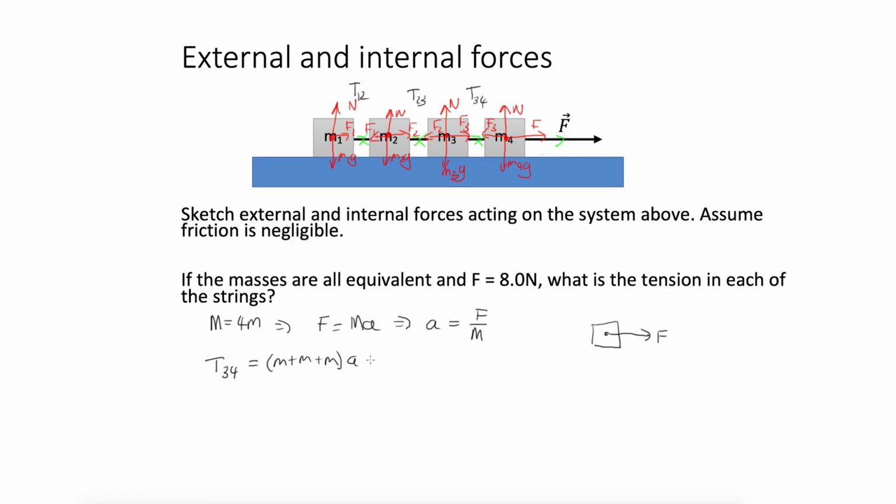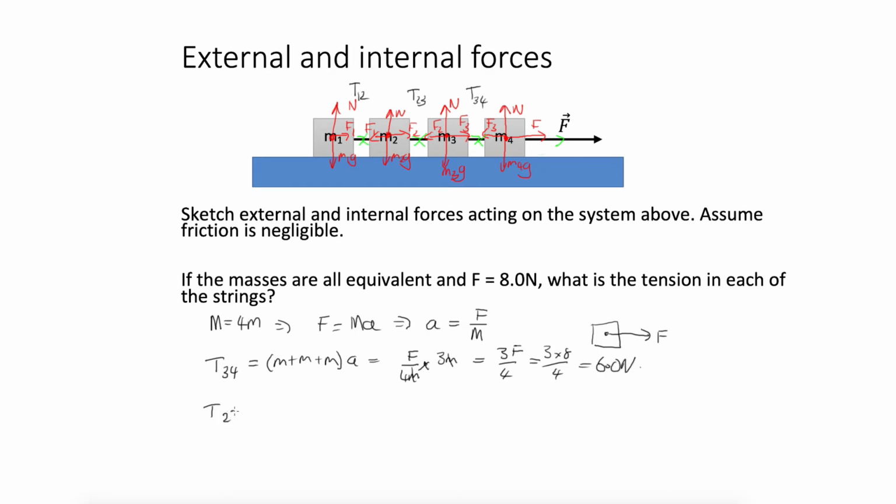So this is equal to F over capital M, which is 4 times little m, times 3m. So we can write this as 3F on 4, and we know F is 8, so this is 3 times 8 on 4, which is equal to 6 newtons.